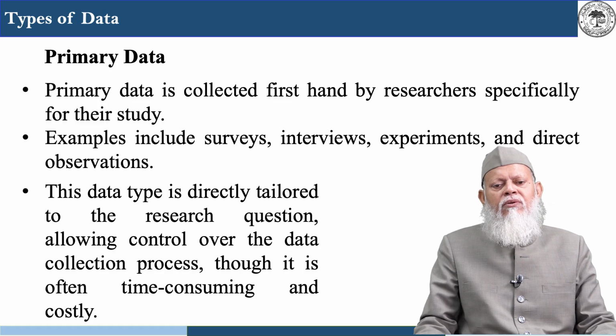The examples include surveys, interviews, experiments, and direct observations. This data type is directly tailored to the research question, allowing control over the data collection process, though it is often time consuming and costly.